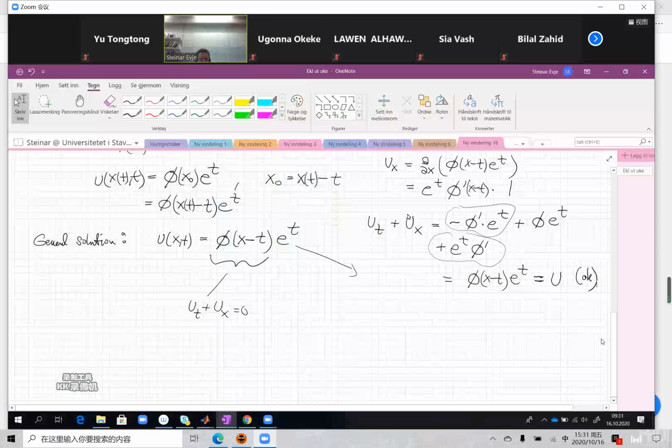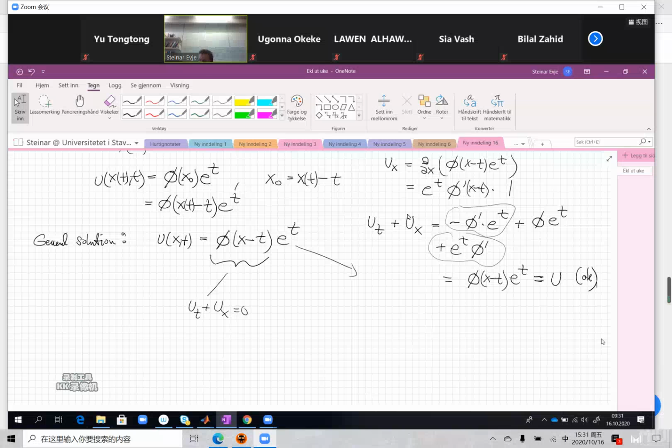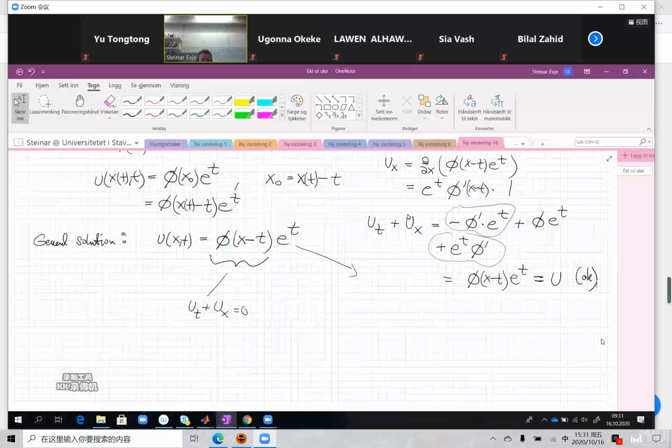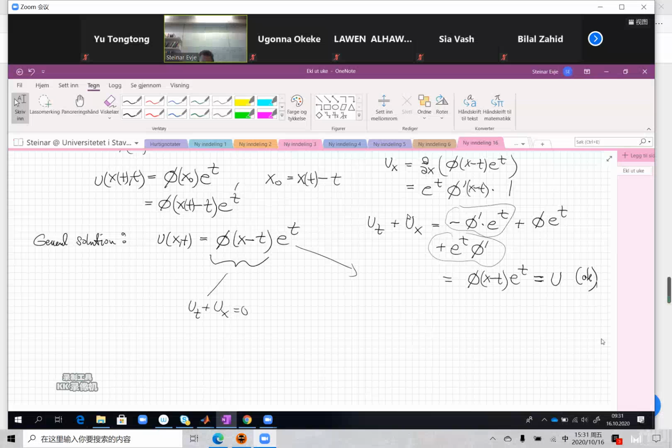Are there any exercises you would like me to go through? Or should I just stick to my plan and take a look at exercise 1.10?